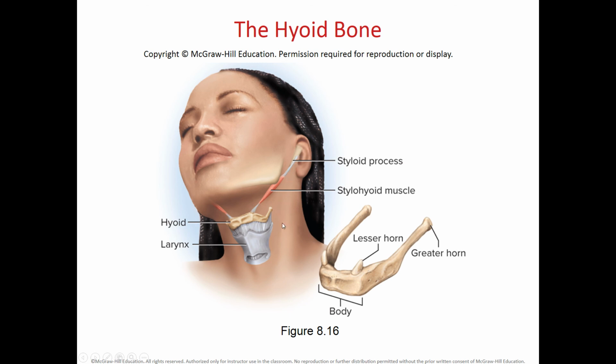Now this bone has a portion that is anterior, called the body, and then it has these lesser horns that face superiorly, and then it has these projections posteriorly that are called the greater horns. This bone has a U shape or horseshoe shape, and it's very fragile. It can break really easily, and it's located superiorly to the larynx.